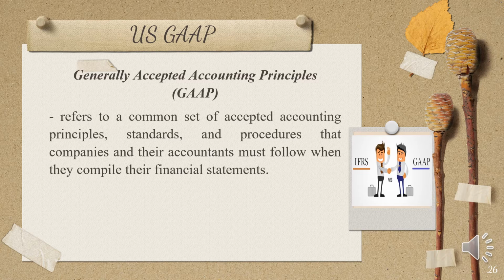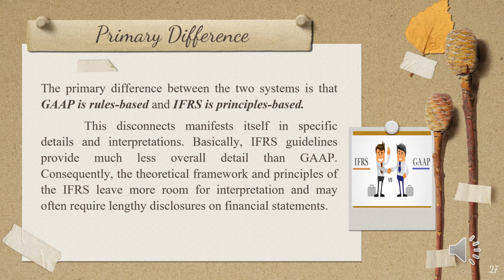The main goal of GAAP is to ensure that financial reporting is transparent and consistent from one organization to another. Ang rule ng GAAP, kapag ang isang kumpanya ay gumamit ng financial statement outside sa kanyang premises, yung GAAP dapat yung kanyang fina-follow.